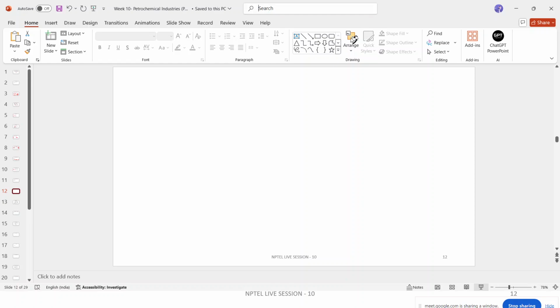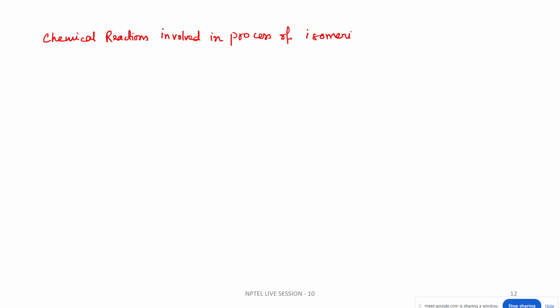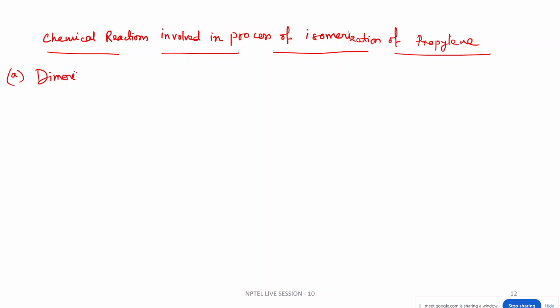So here we were discussing the chemical reactions involved in the process of isomerization of propylene. The first process is dimerization.